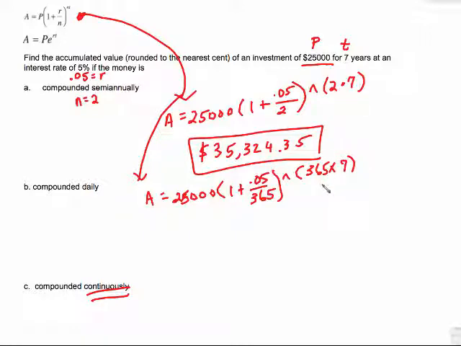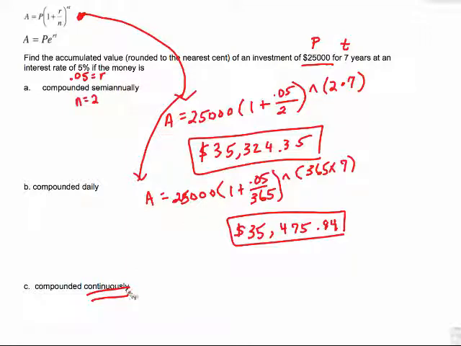Well, you're not going to do 365 times 7 in your head, but you can enter this on your calculator as you see it, and we get $35,475.84. Notice, the more often you compound it, the more money you make. This was $35,003. This is $35,004.